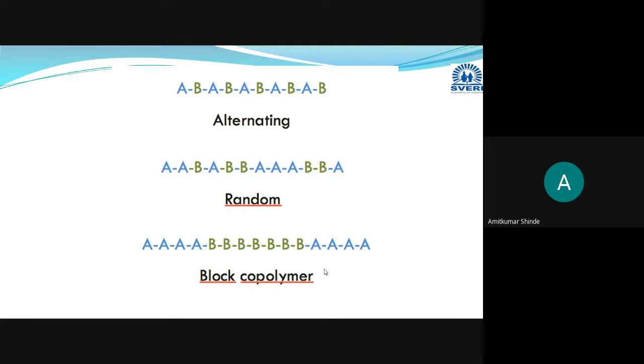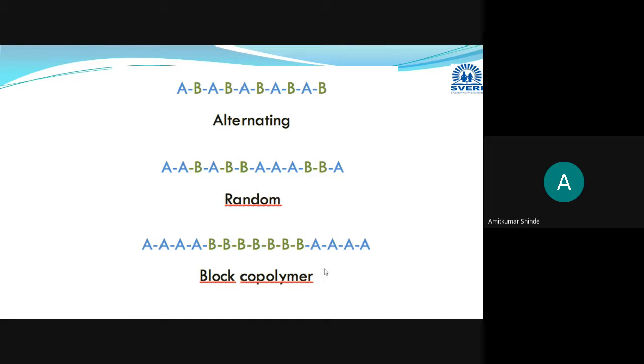In this way, we have completed the process of polymerization, its types or classification, then its subtypes, along with a few examples. Addition, condensation and copolymerization are very important processes.